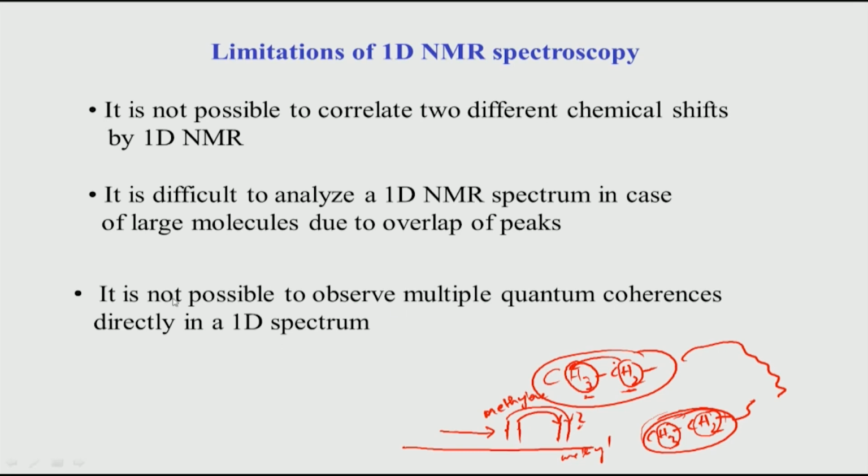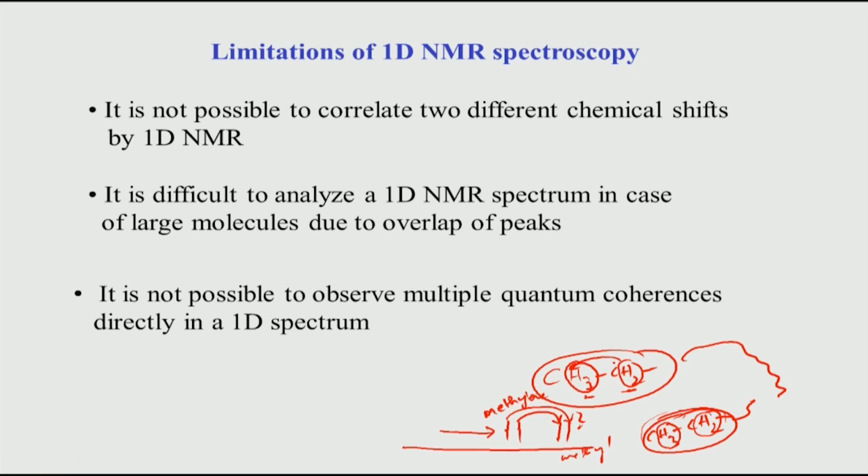And a third aspect is a more technical point. The point is about something in NMR which will not be possible to deal with in this course; we will look at that in an advanced version of the course later. The thing is that you have what is called coherences in NMR. Whenever you apply NMR pulses, you generate coherences.